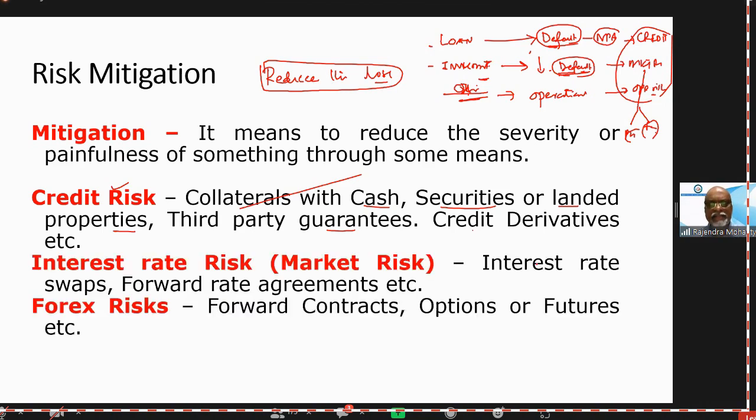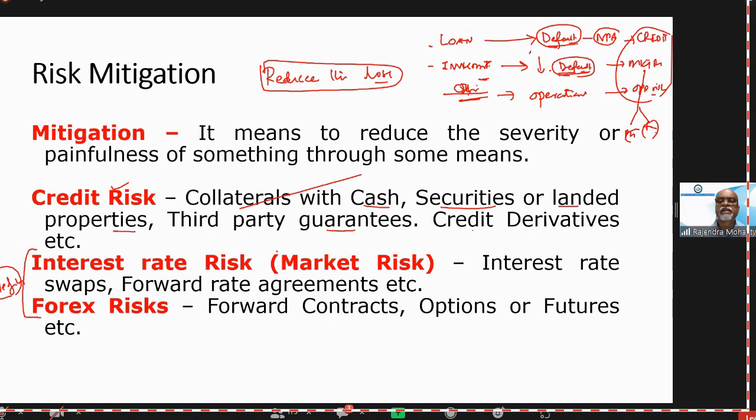So basically, interest rate swaps, forward rate agreements, forward contracts, options, futures are going to cover your market risk. So the process of hedging is done to cover the losses in market risk. Clear? So we have done it for credit and market risk.